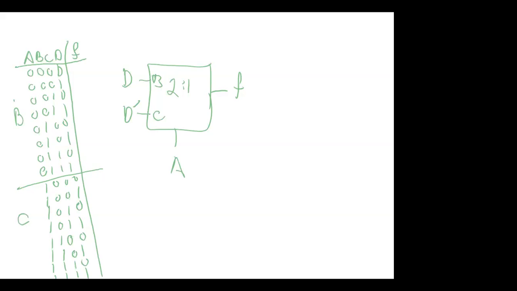And we know B is equal to D, so we can write 0, 1, 0, 1, 0, 1, 0, 1. And over here for C, it's equal to D prime, so we can write 1, 0, 1, 0, 1, 0, 1, 0. And so now we have derived the truth table, which is kind of cool.